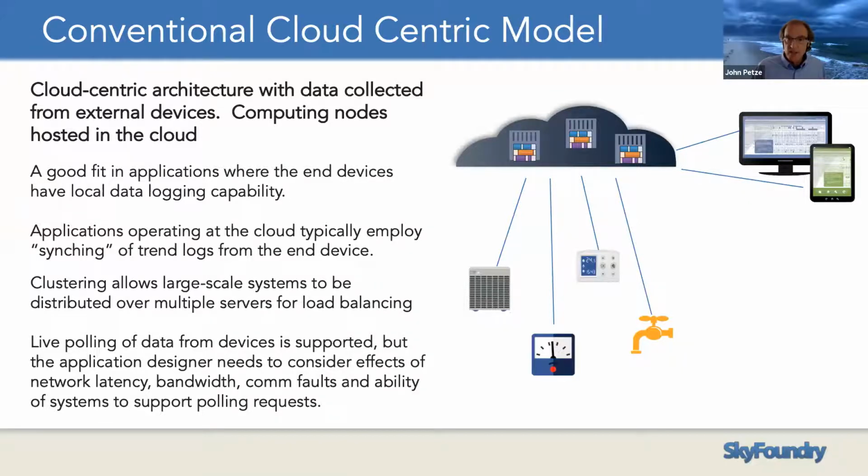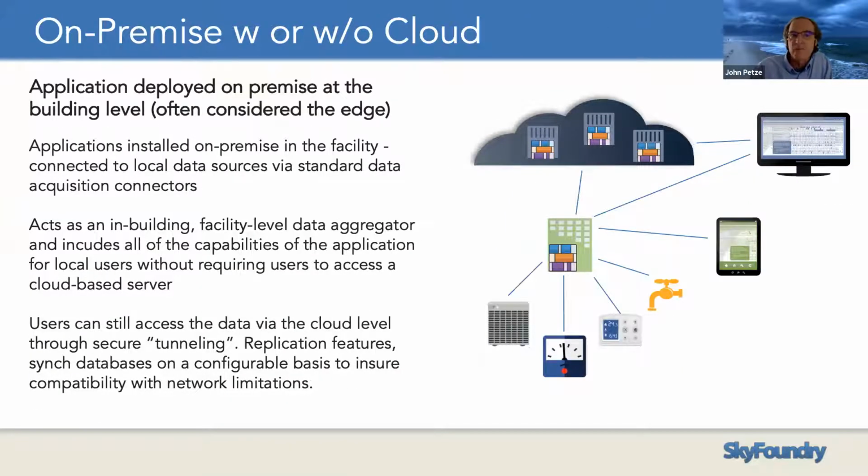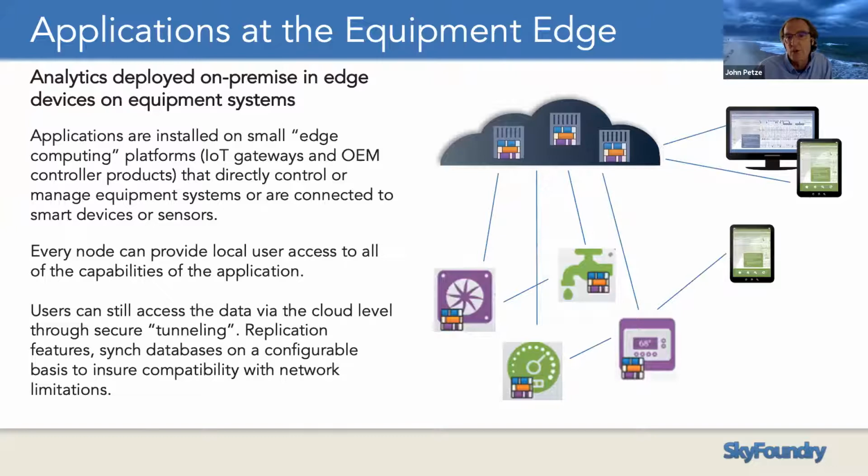It allows us to also meet the requirements where we have to be on premise inside that secure firewall, and we can also combine that with the cloud. And it meets the requirements for applications that have to operate at the edge. They have to have the low latency, the speed, the reliability, and the low cost of being embedded in a small low-cost device right on the equipment, collecting the data, doing the analytics, doing control and presentation to the user. So hopefully that's given us a little bit of background.